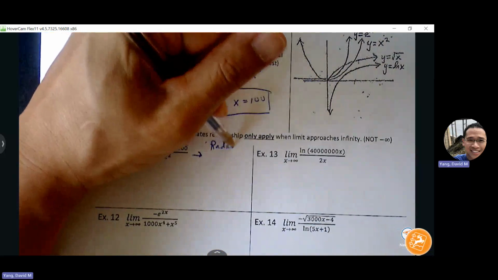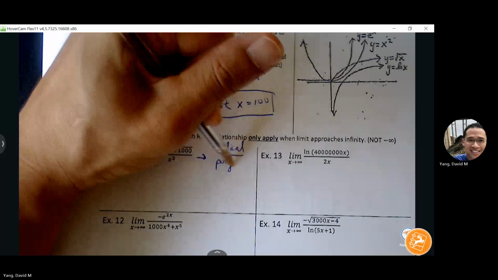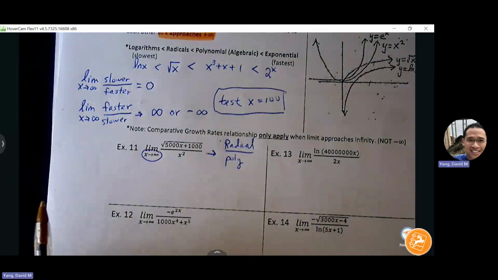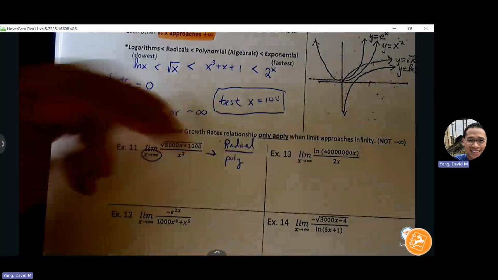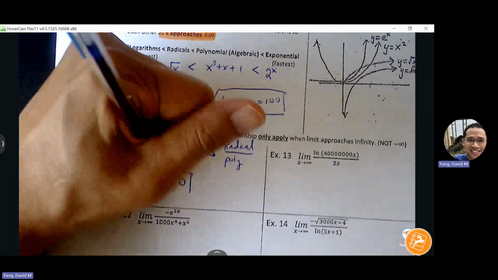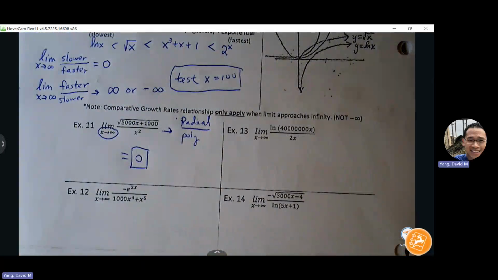And then the denominator is polynomial, algebraic. So which one is growing faster? Bottom. Therefore, limit is 0. So comparative growth rates allow us to gain a quick view of what the limit is without doing a lot of work, because we know what the relationship is between the functions.